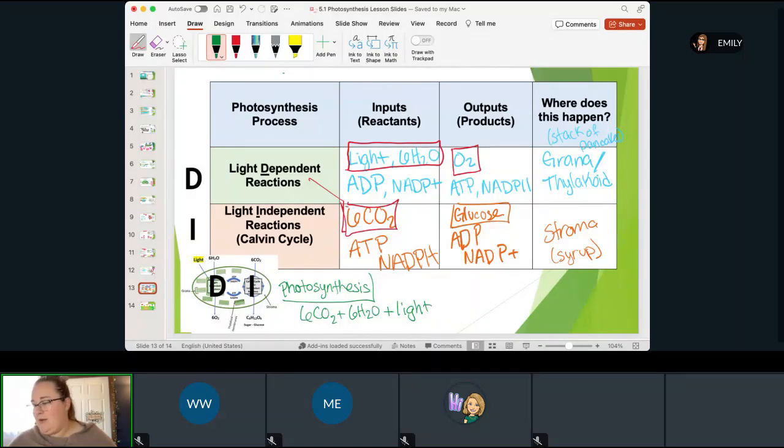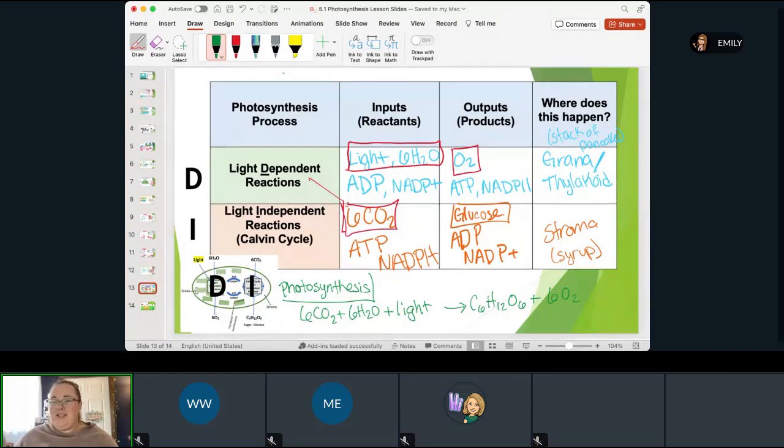And then when my reaction takes place, what are my 2 outputs? What are my 2 big picture outputs of photosynthesis? Glucose is absolutely one of them. And oxygen. Good.